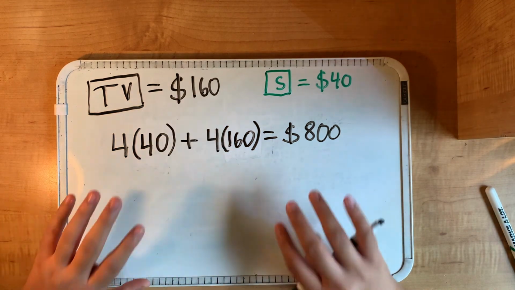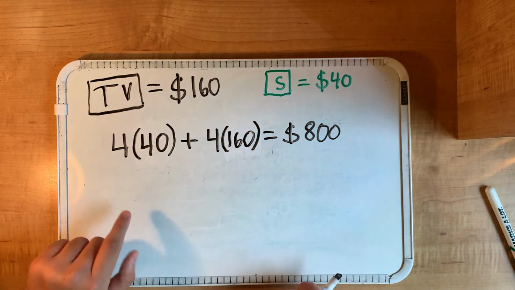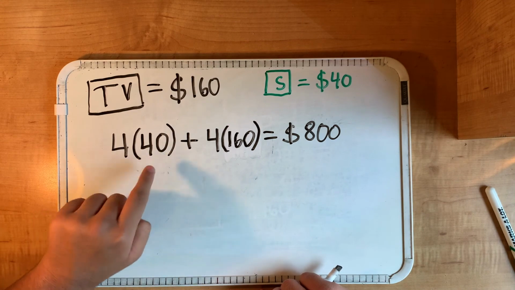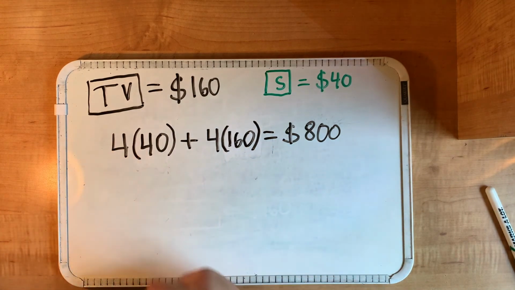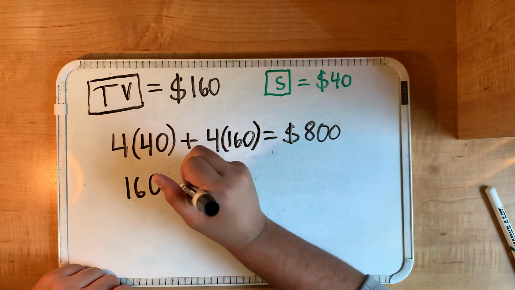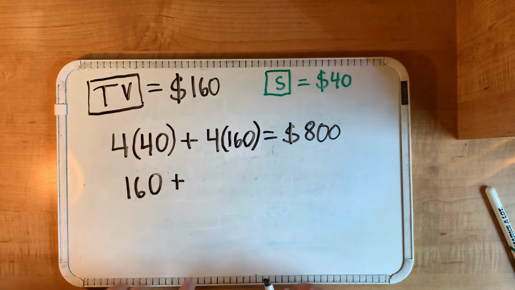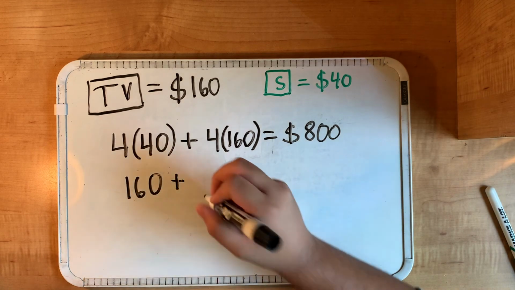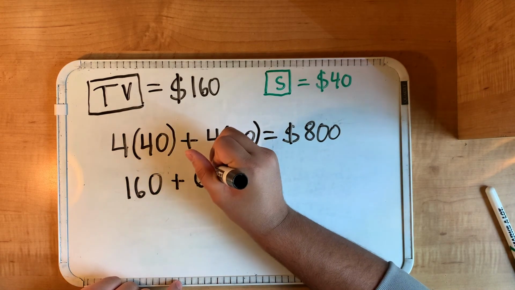Now the rest of this is pretty easy. We're just going to multiply 4 times 40, which is 160, plus 4 times 160, which is, I'll give you a couple seconds to think that out, 640.